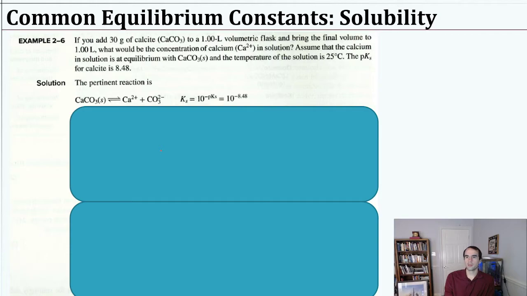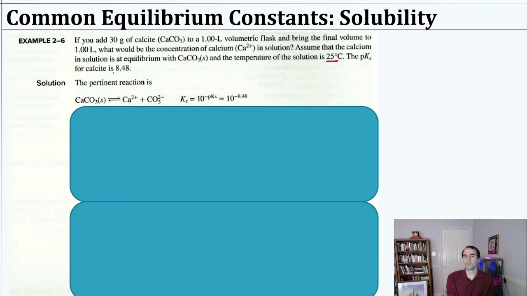Assume the calcium in solution is at equilibrium with CaCO3 solid, and the temperature of the solution is 25 degrees Celsius. So that's really just referring to the way we could calculate, if we needed to, a change in the pK value. So it's giving us a pK value. 25 is a pretty standard temperature. That's about room temperature.